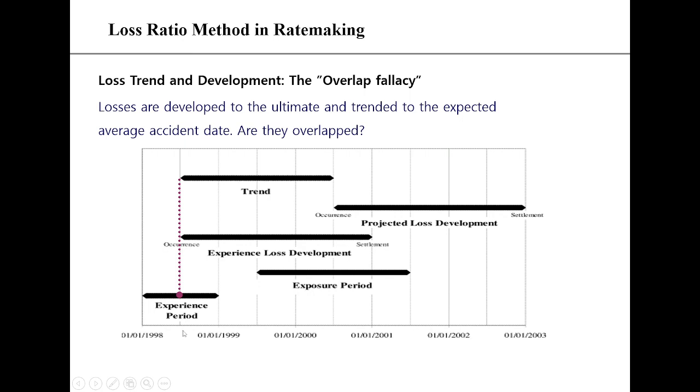Starting from there, the exposure period means that my new premium, the future premium, will be effective probably here, January 1st, 1999, and that is a 1 year contract, and I'm gonna use it for 1 year.